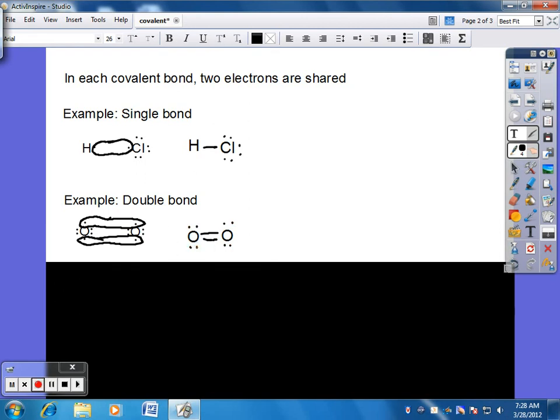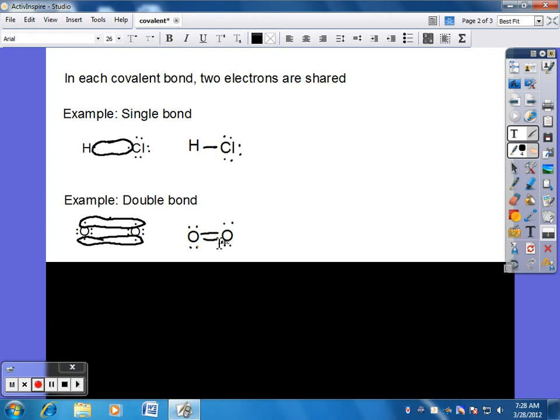So now you can see, remember, each bond, each line is 2 electrons. So each oxygen has 8 electrons, because these 4 in the middle that are the bonding 4 right here, those 4 count for each oxygen.